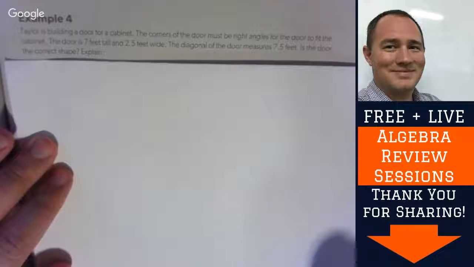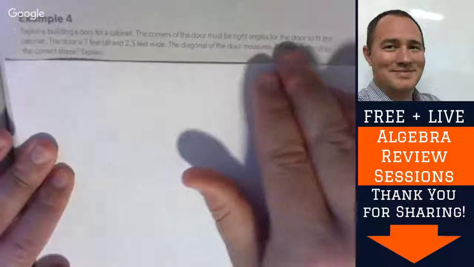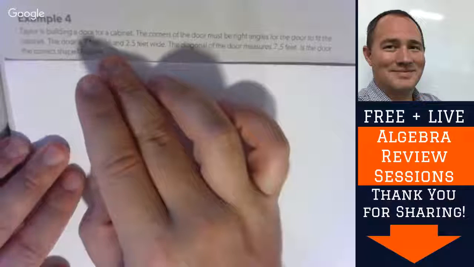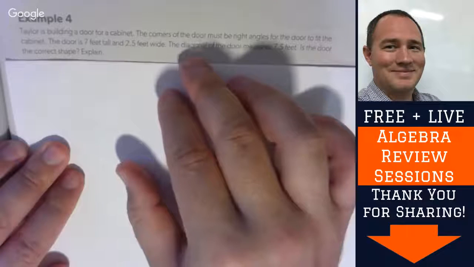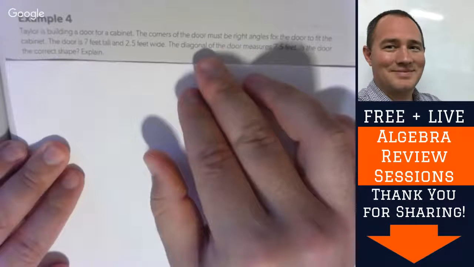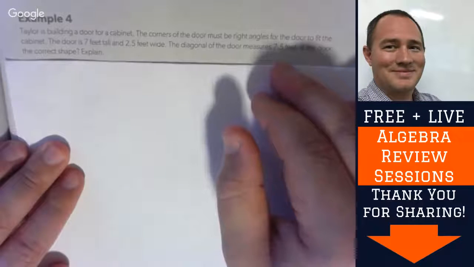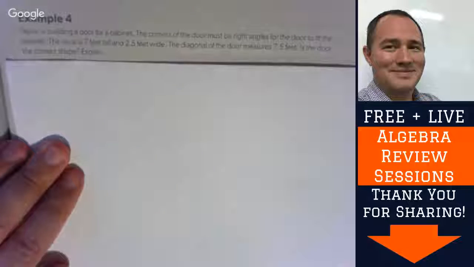Makes sense. Have a nice flush interaction between the door and the cabinet. So they must be right angles. The door itself is 7 feet tall and 2.5 feet wide. The diagonal of the door measures 7.5 feet. Is the door indeed a correct shape?